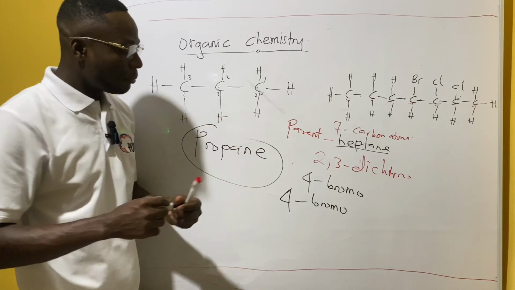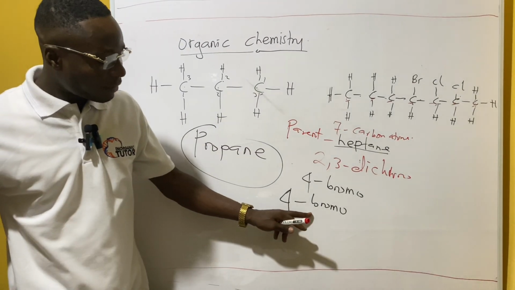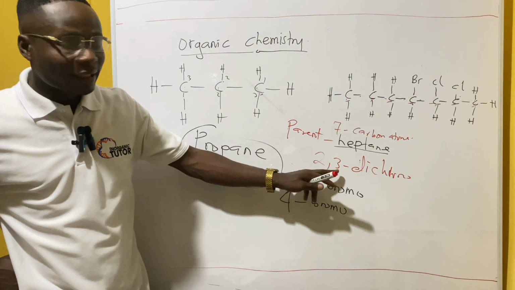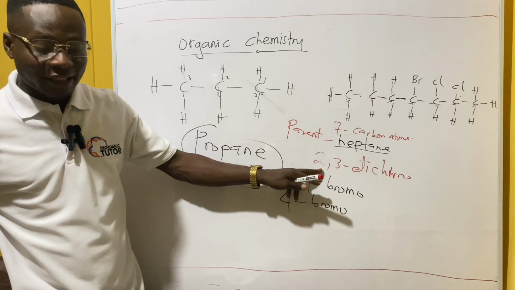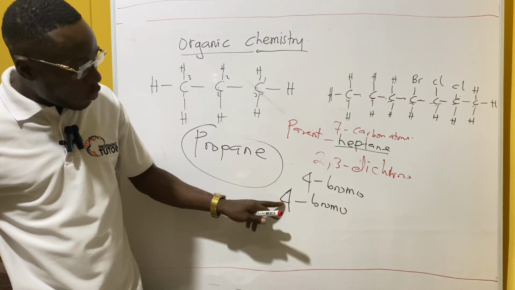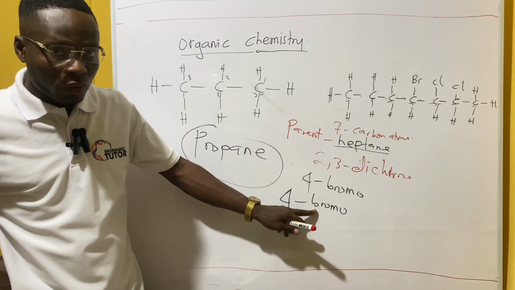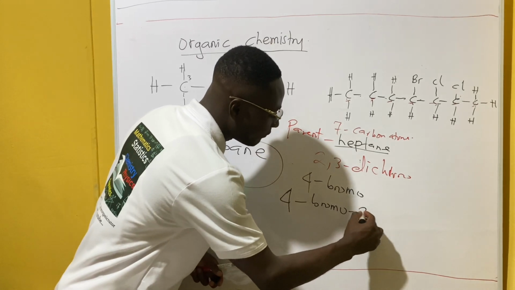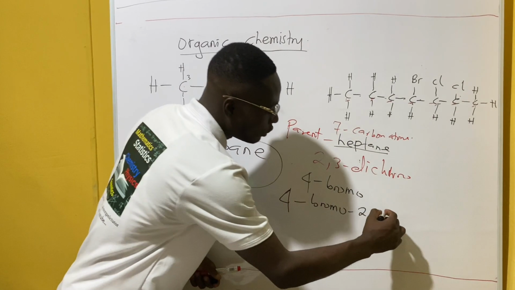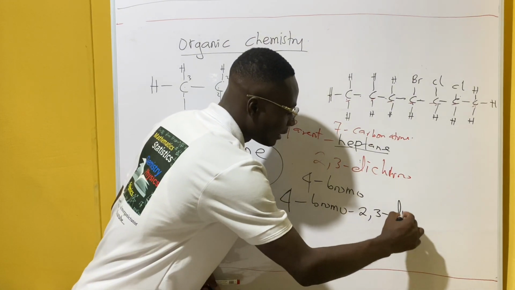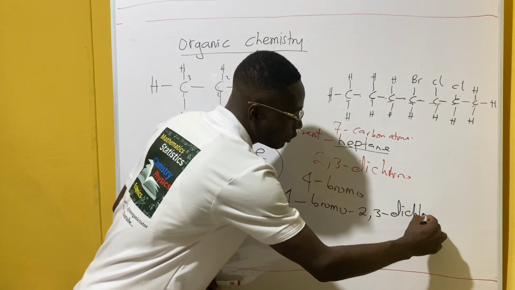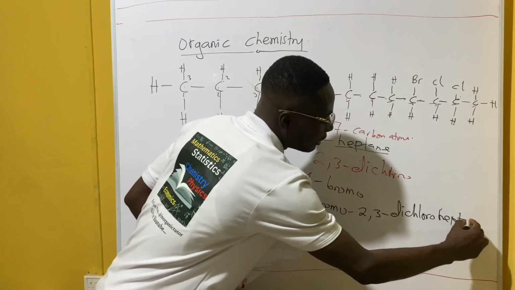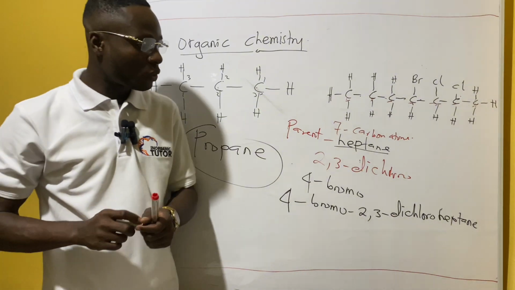Don't forget, between a number and a letter, you separate it with a hyphen, and between a number and a number we separate it with a comma. So this is 4-bromo, then hyphen 2-chloro, dichloroheptane.